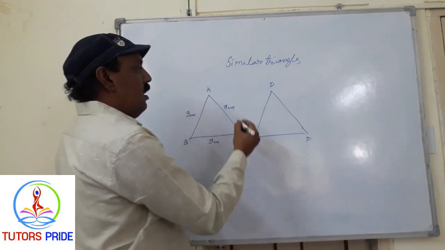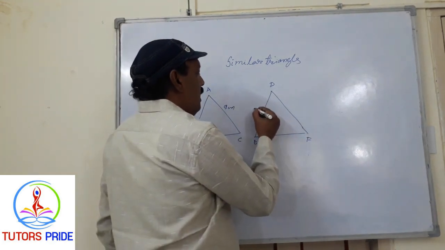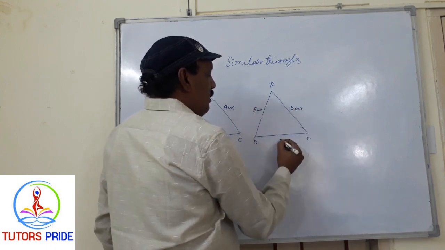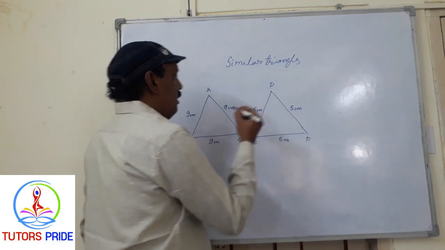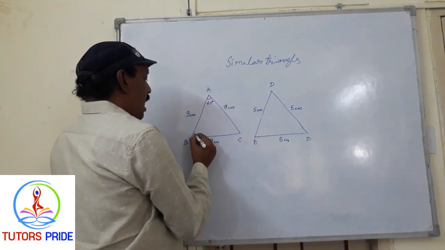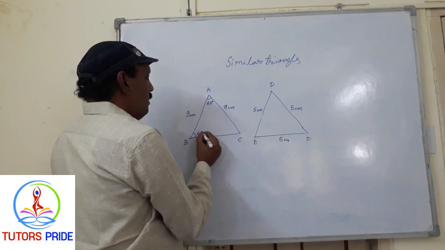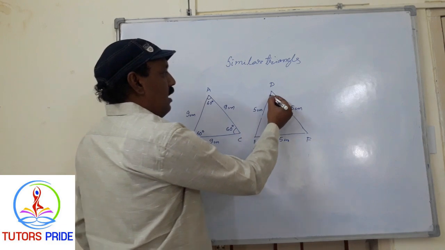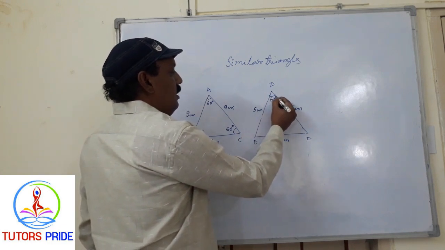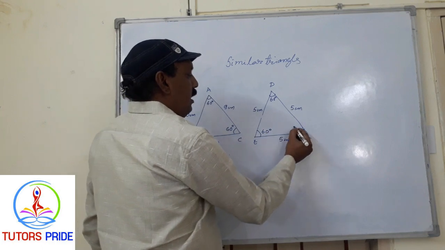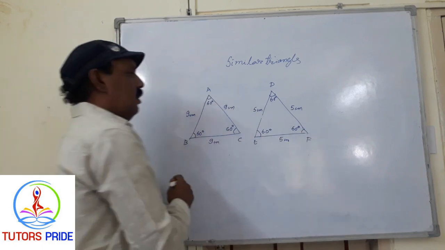Similarly in DEF, each side is 5 centimeters. Angle A, angle B, and angle C are each 60 degrees, and angle D, angle E, and angle F are each 60 degrees.